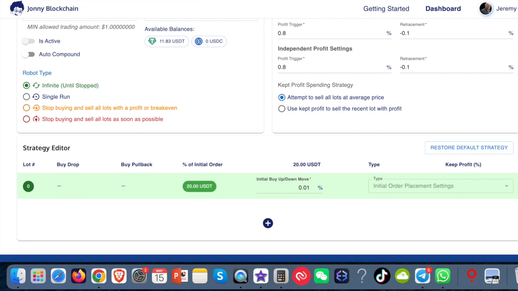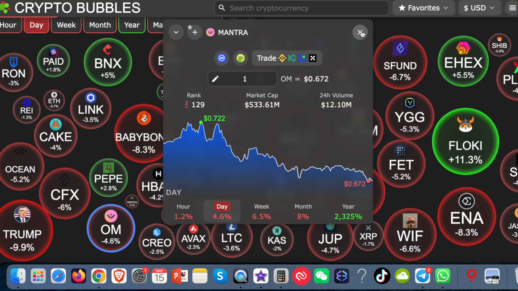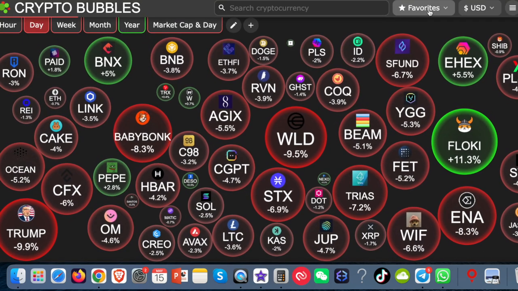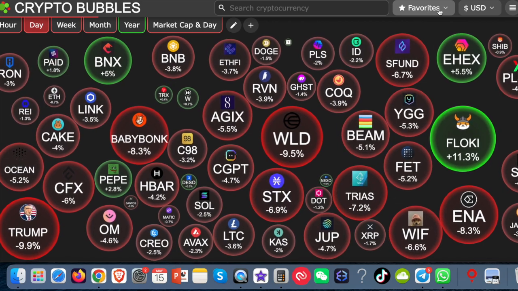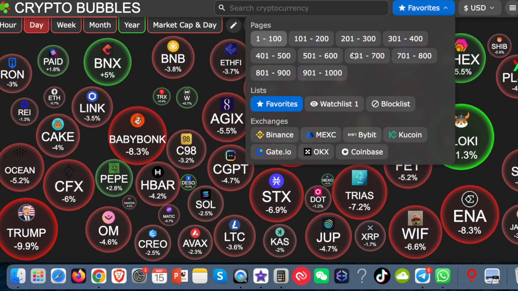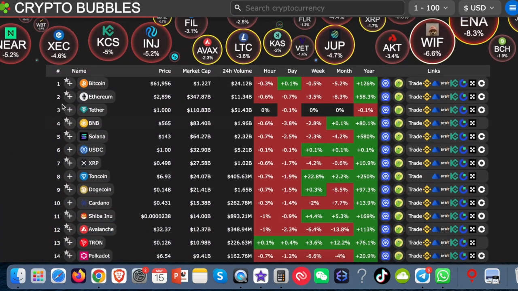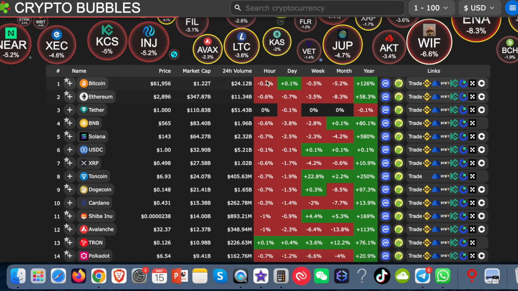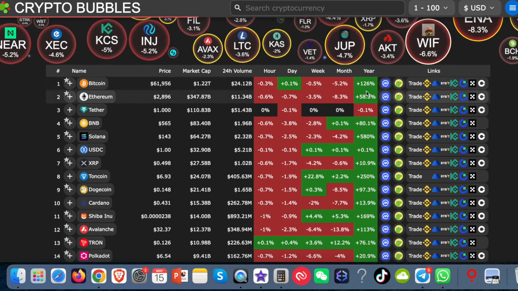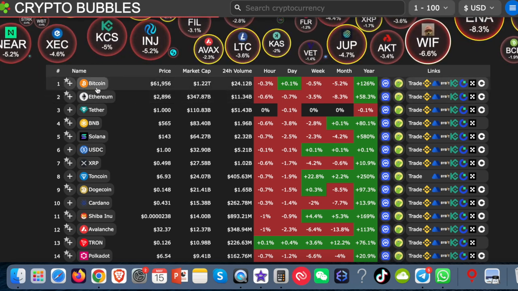So coming back to CryptoBubbles, what I tend to do with bigger amounts, if I want to trade with bigger amounts, I'd come to the top 100 and then I'd just scroll down here and I'd look at these top coins. You've got Bitcoin. Now, Bitcoin's going a bit sideways and not doing that great, but Bitcoin, I don't mind holding it.